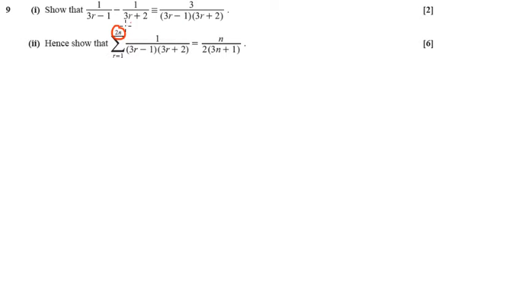So this is going to be equal to a third of what we normally have, a third of the sum from 1 to n of 1 over 3r minus 1 minus 1 over 3r plus 2.